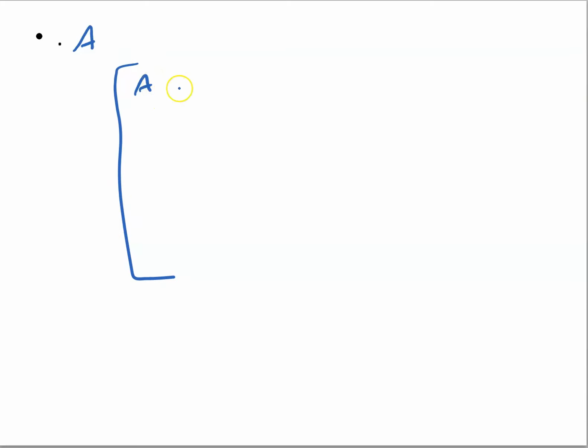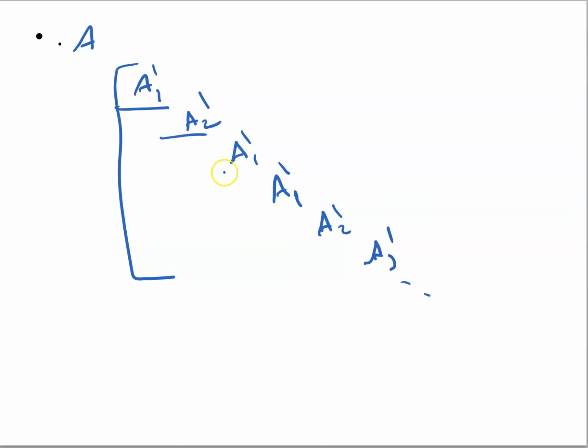That is, it is A1 dash, A2 dash. Suppose the third block may be similar to A1 dash. This is A2 dash and this is A3 dash, like that. And each of these A1 dash, A2 dash, etc. are irreducible representations. Suppose.